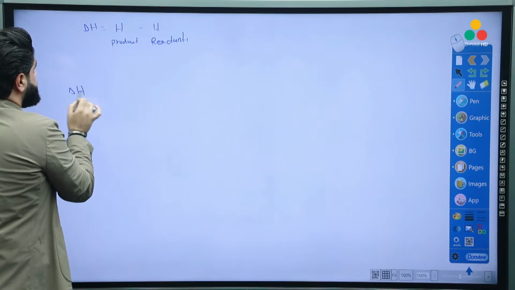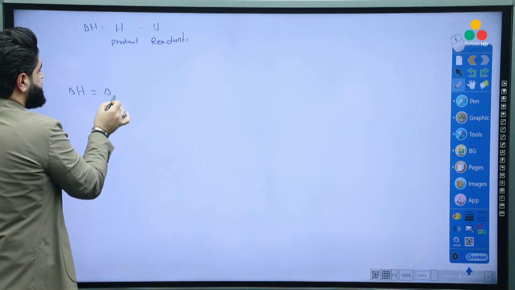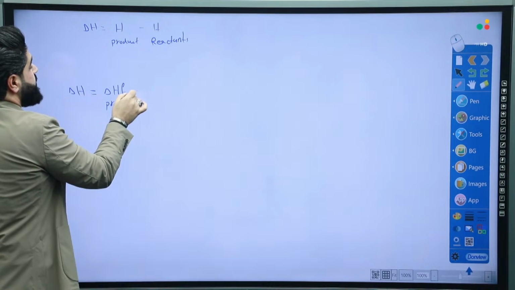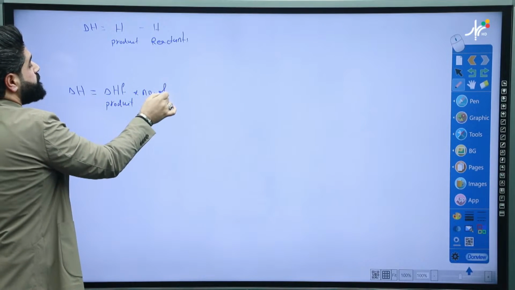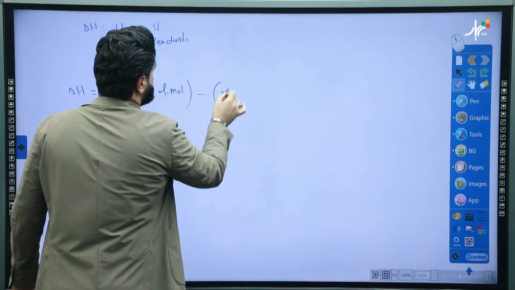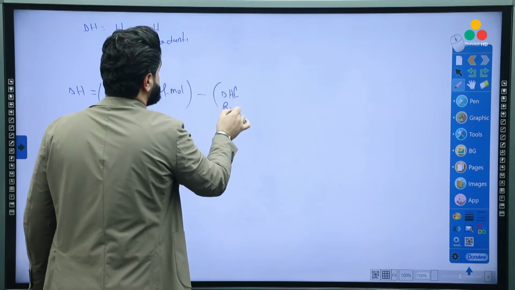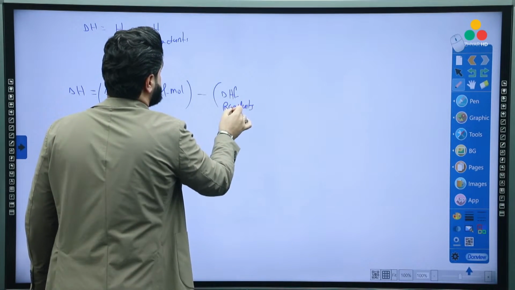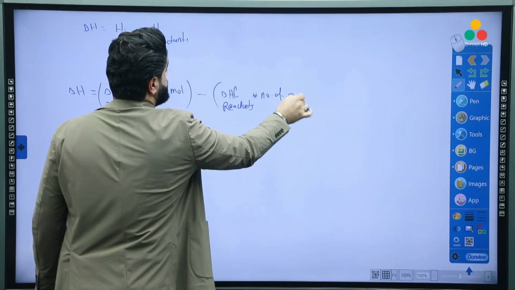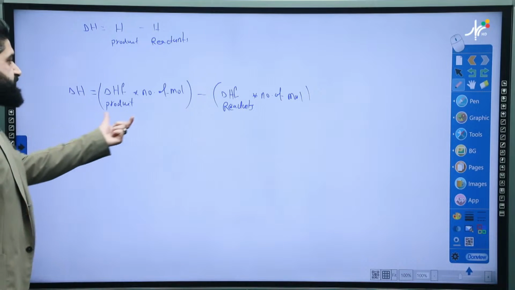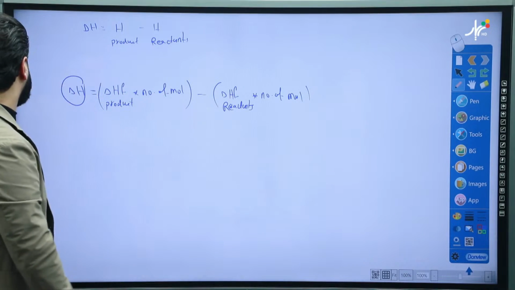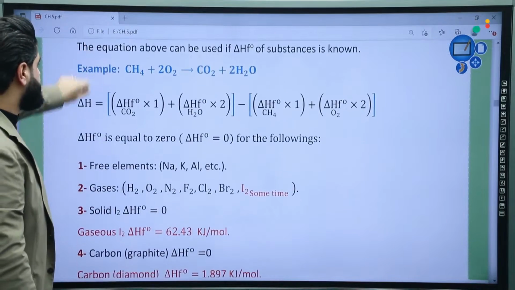Delta H equals delta HF for the products times number of moles, minus delta HF of reactants times number of moles. This formula is useful to get delta H when we have delta HF of all substances. Like this.